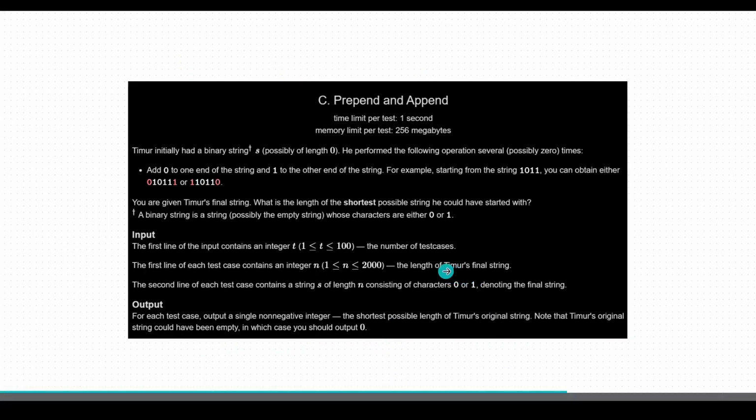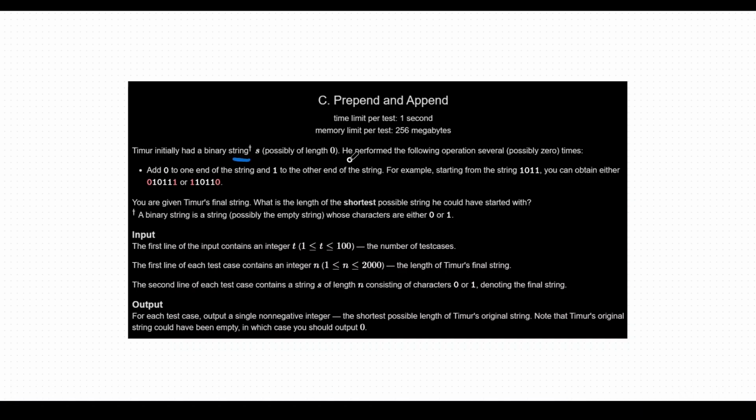Now let's look at a sample problem. Let's say we have a binary string S. A binary string is a string that only contains the elements 1 and 0. And our buddy Timur here can perform several operations.